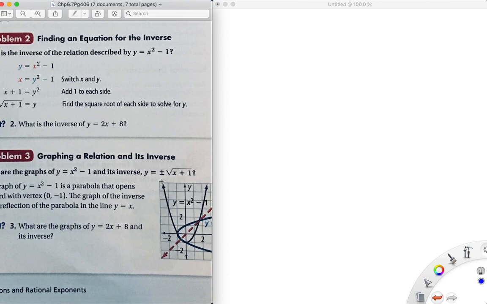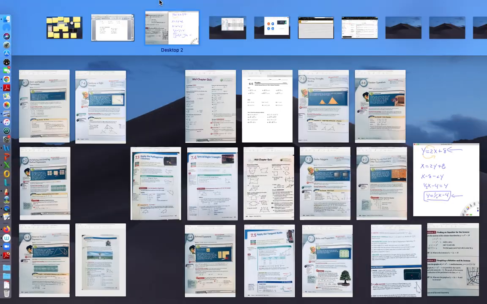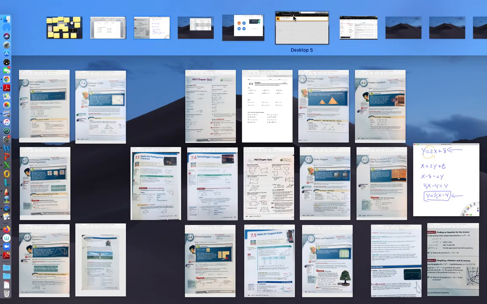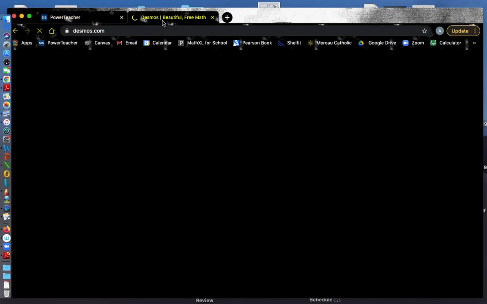So if we were to graph this, the two graphs are y equals x and y equals 1/2 x minus 4.